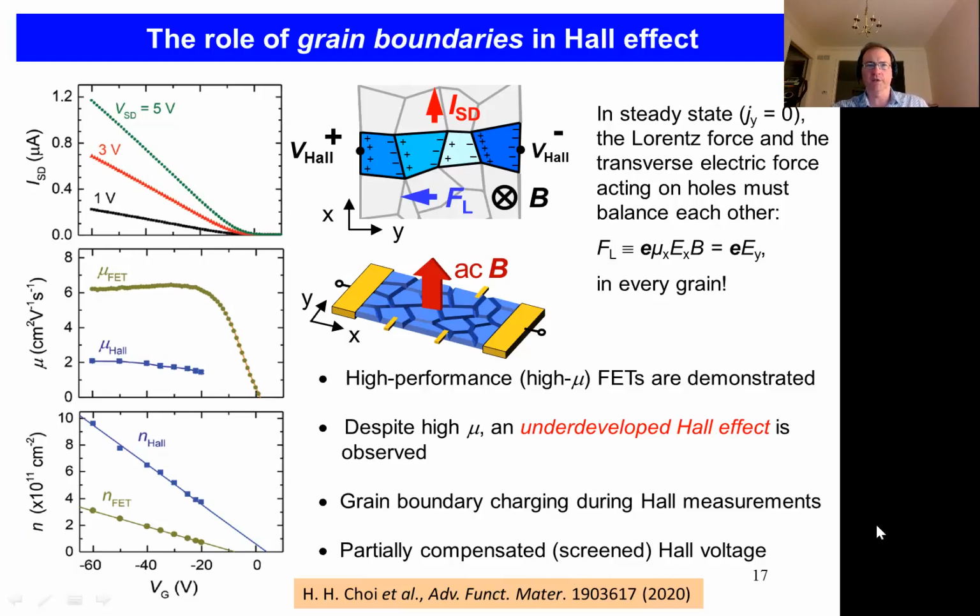So this is an important understanding of the Hall effect in these polycrystalline devices. Important for practical purposes, because every time you are going to characterize polycrystalline organic transistors using, for instance, Hall effect measurements, we'll have to keep in mind this effect.